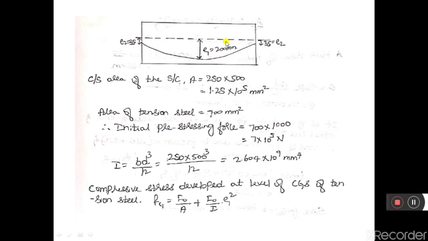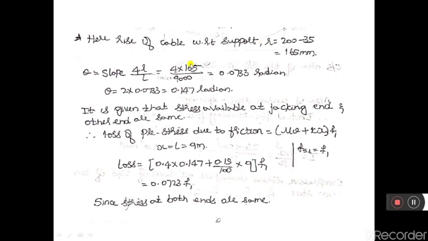So the force available at this point will be equal to the force applied at this point minus the friction loss. The same thing is done here. So the initial pre-stress F1 applied at the left end minus the friction loss, which is 0.0723 times the initial pre-stress.